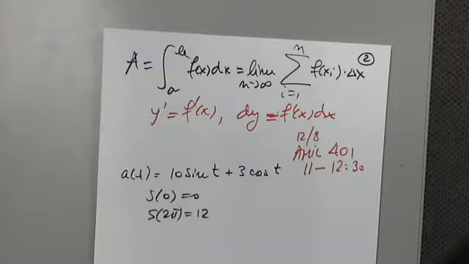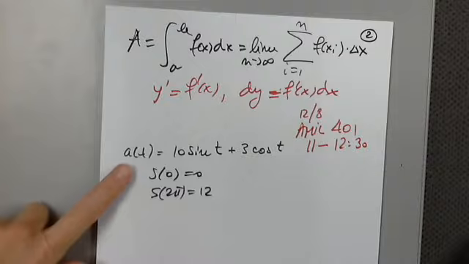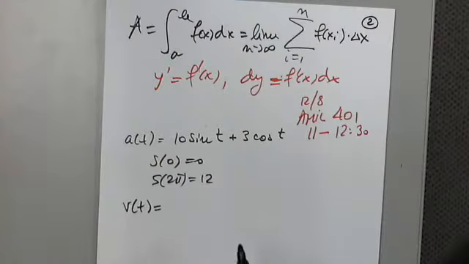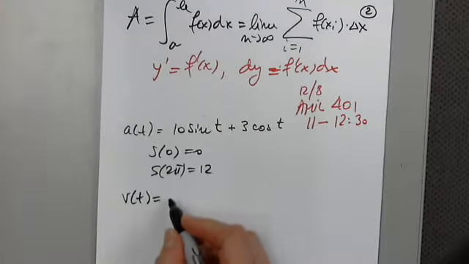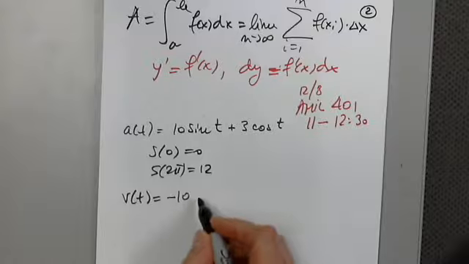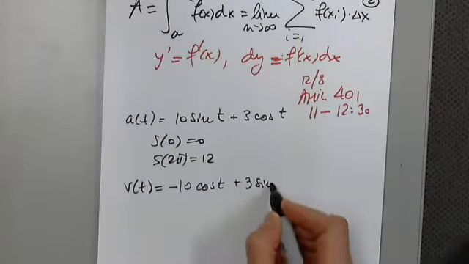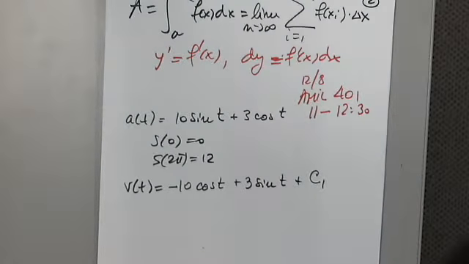Okay, ready? I'm given the acceleration. I will have to find the velocity. So which function prime is 10 sine t? That would be negative cosine. Negative 10, very good, cosine t, plus 3 sine t, plus a constant c1.